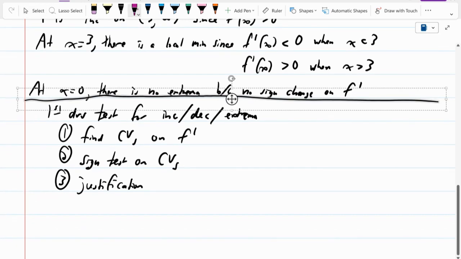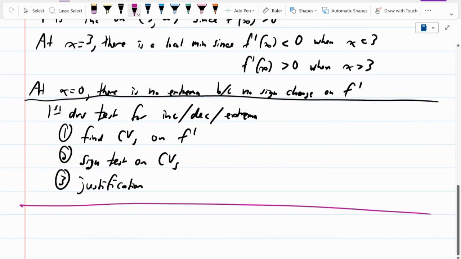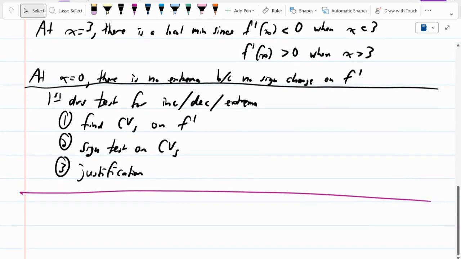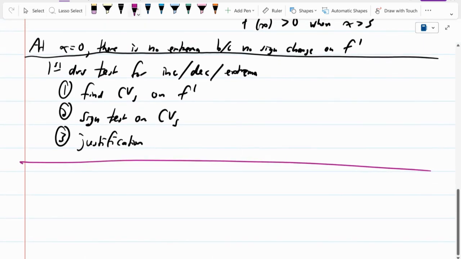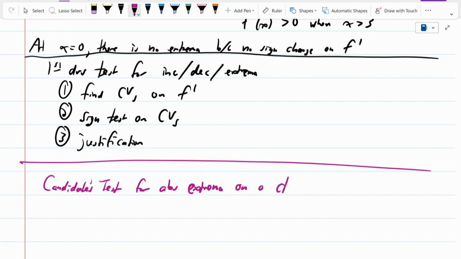Now, I want you to notice how I did what in essence is an open interval on this. And this is because oftentimes we talk about a closed interval. So when it's a closed interval, we have another test that we have coined the candidates test. And this is for absolute extrema on a closed interval.